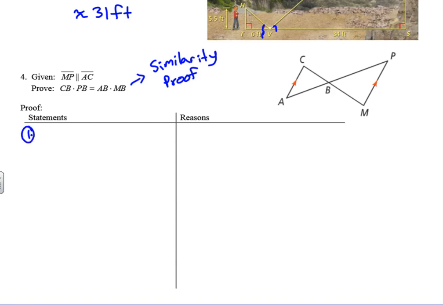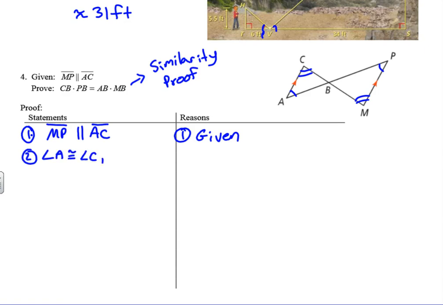Number one, I'm going to say that MP is parallel to AC, and that's given. Now, you want to think with parallel lines, you're looking for congruent angles, and in this case, angle A and angle P and angle C and angle M are alternate interior angles. So that's what we can say as a result of that.